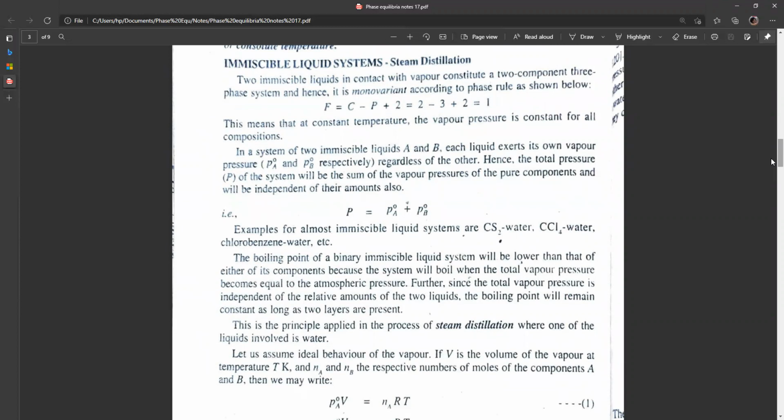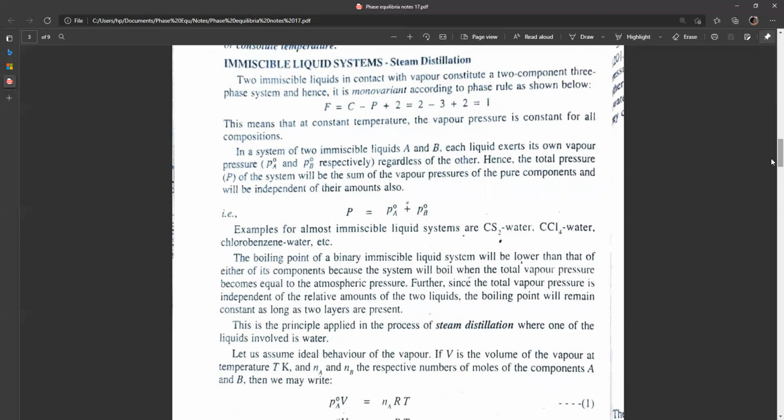Steam distillation is an important method that we use to separate two components, two immiscible liquids. Easily evaporating liquids can be separated using this method. Let us see what is happening.